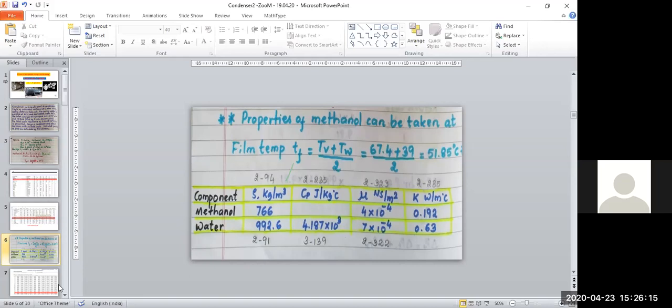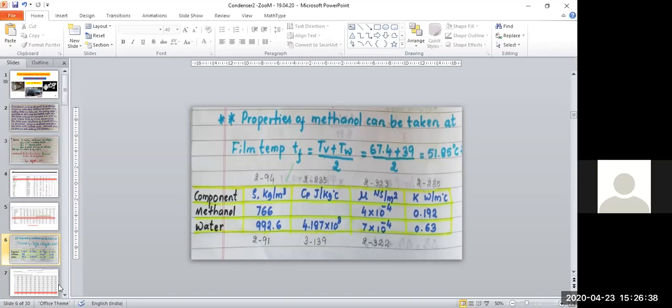Shashikant, can you hear me? Yes, sir. How have you taken the properties of ethanol in the previous class? At what temperature have you taken the properties? Naveen, can you hear me? Yes, sir.